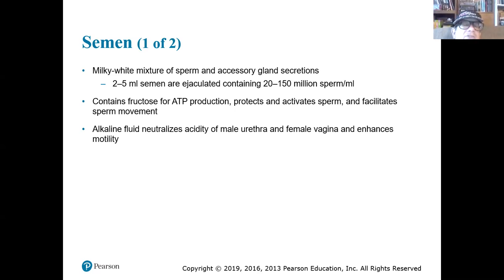Why? Well, because 70% of it is this basic pH fluid from the seminal vesicles. Activate sperm, that's from the prostate gland waking them up. Fluids from the prostate gland, Red Bull for sperm. It wakes them up and facilitates sperm movement. This stuff is moving quickly anyway, and since the sperm are part of it, they get moved too.